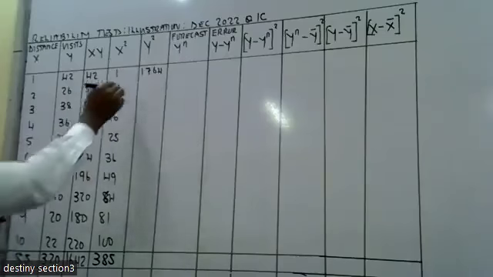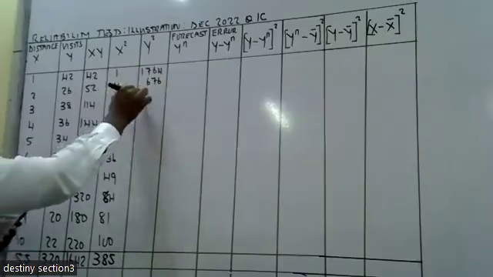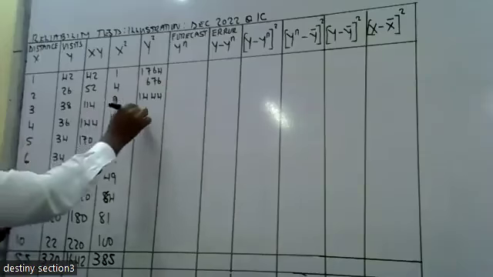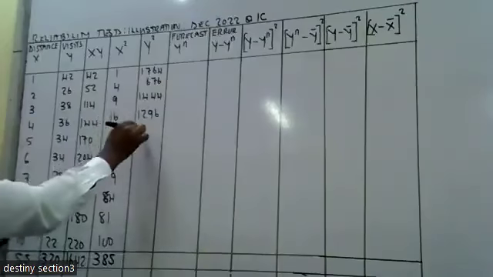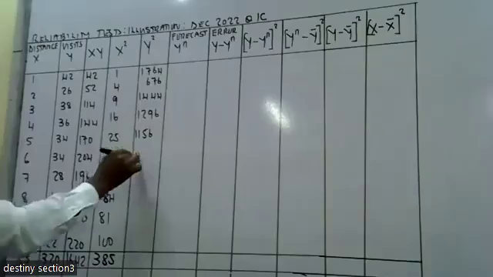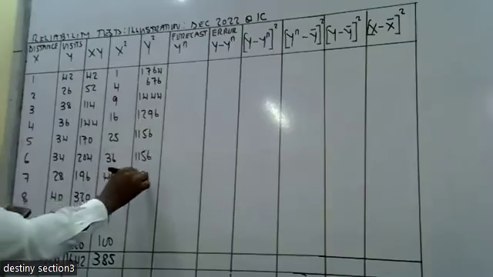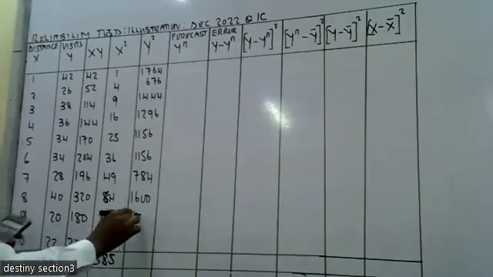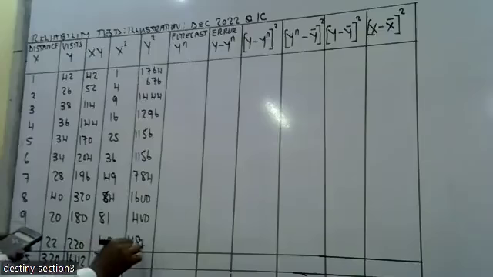26 squared is 676. 38 squared is 1444. 36 squared is 1296. 34 squared is 1156. This is also 1156. 28 squared is 784. 40 squared is 1600. 20 squared is 400. 22 squared is 484.